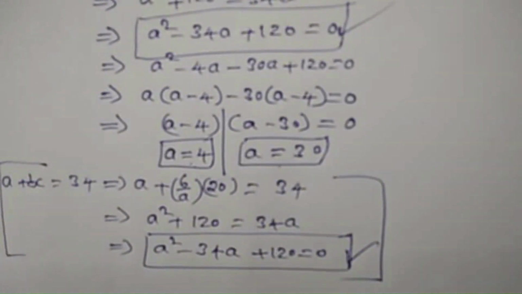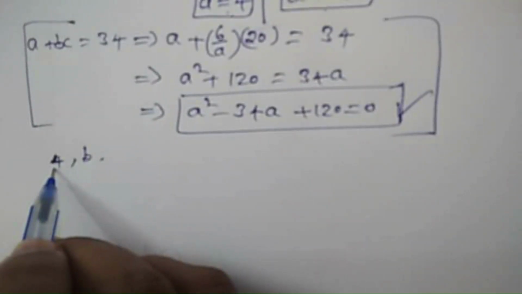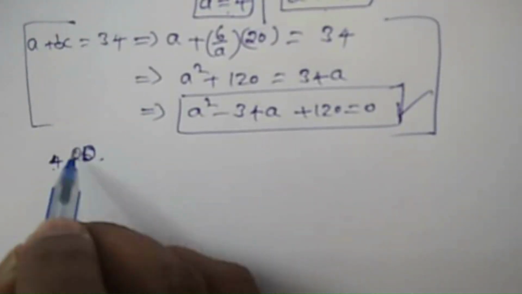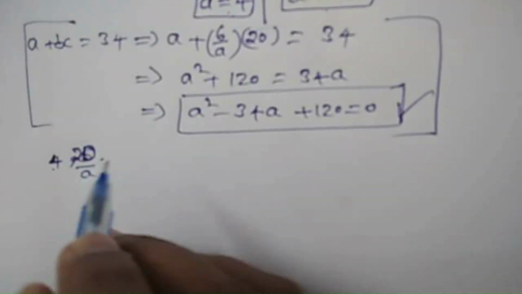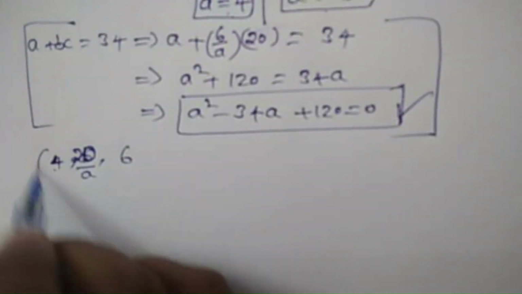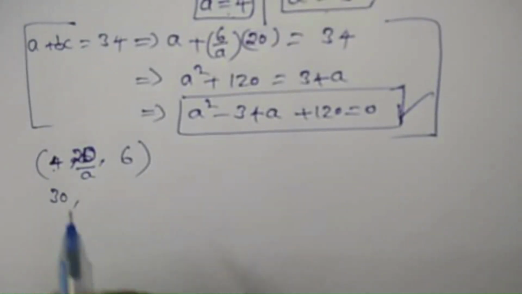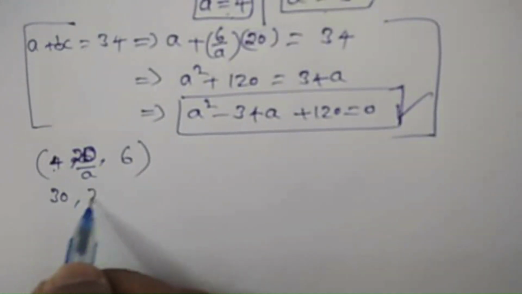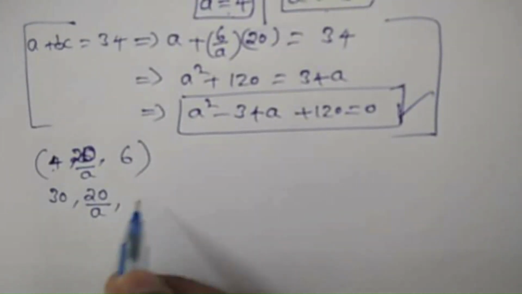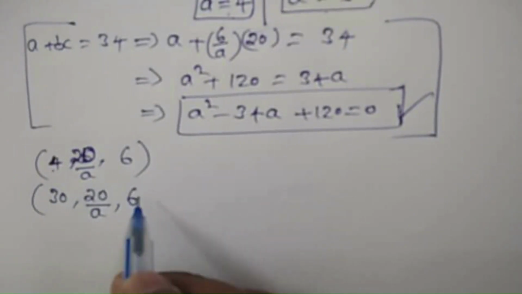So finally what we got from this is that a is equal to 4, b which is 20 divided by a, where c is equal to 6. This is one combination, and a is 30, b is 20 by a, when c is 6. This is another combination.